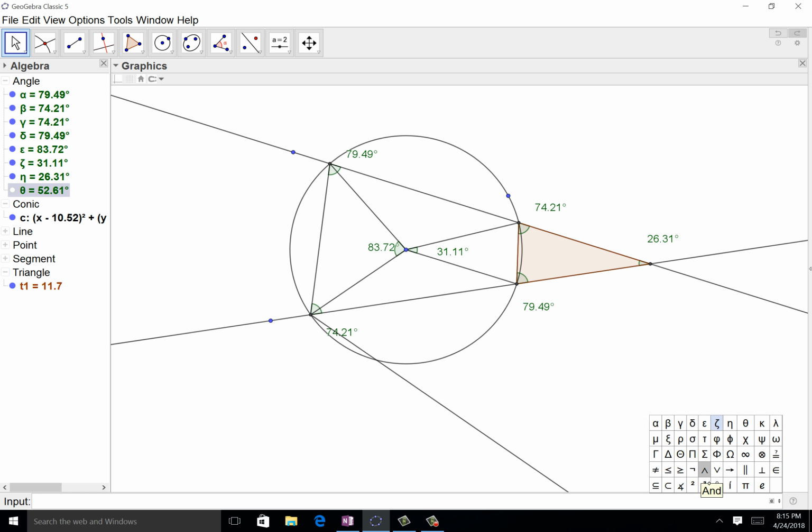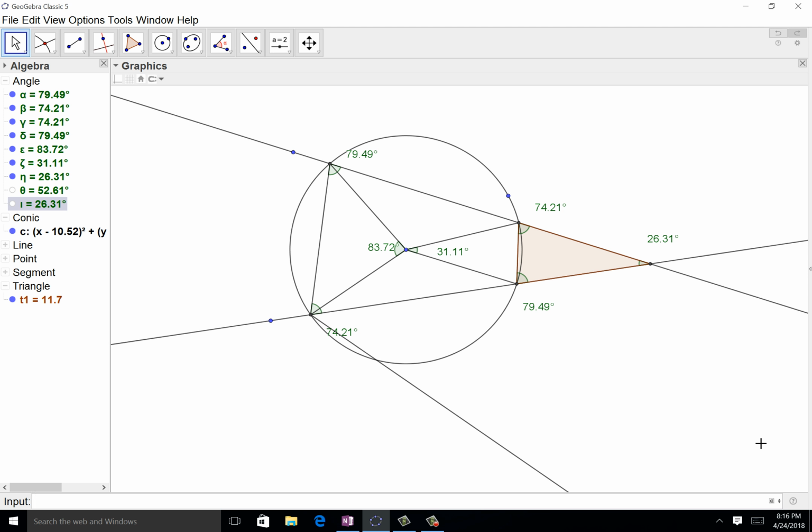Let's see, which one is that? Oh, there it is right there. And I'm going to divide that by 2 and press enter. And I'm going to drag this out and compare them. Look at that. They are the same.